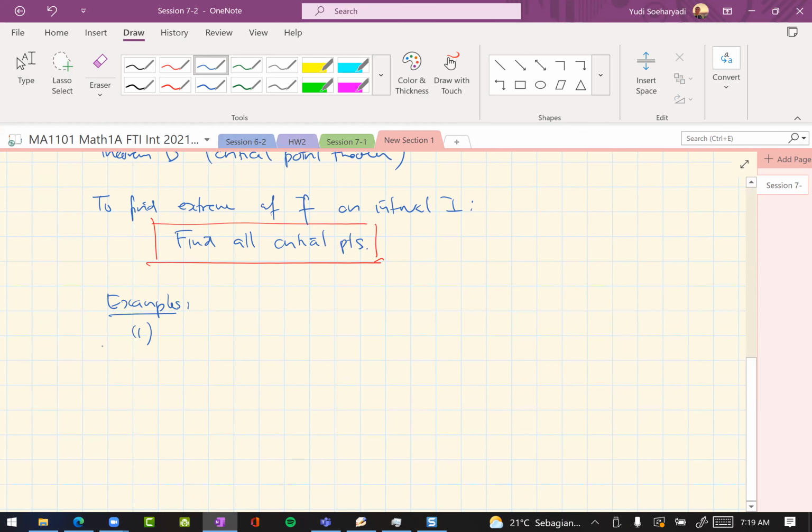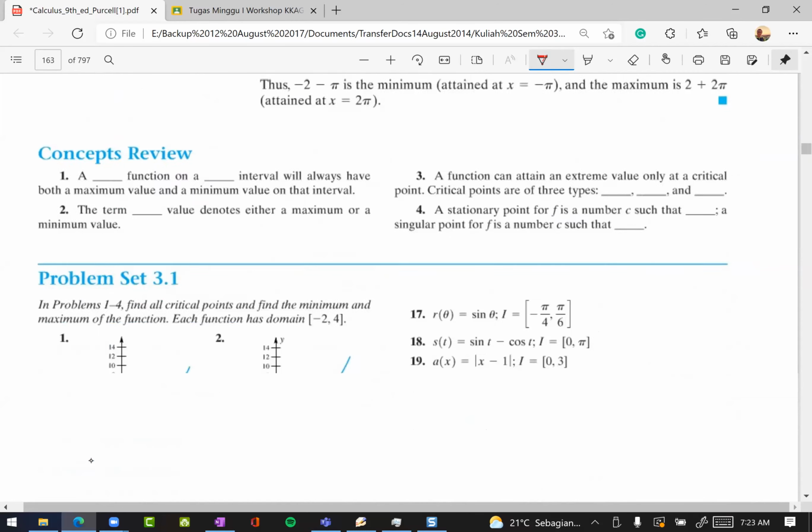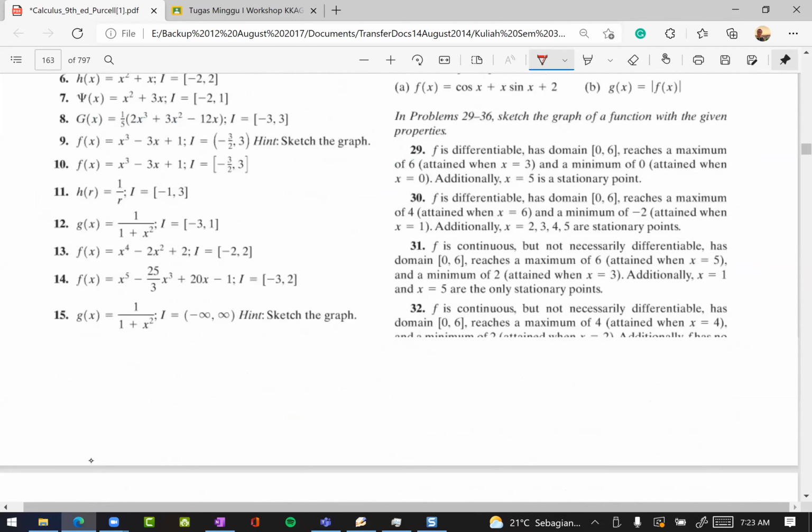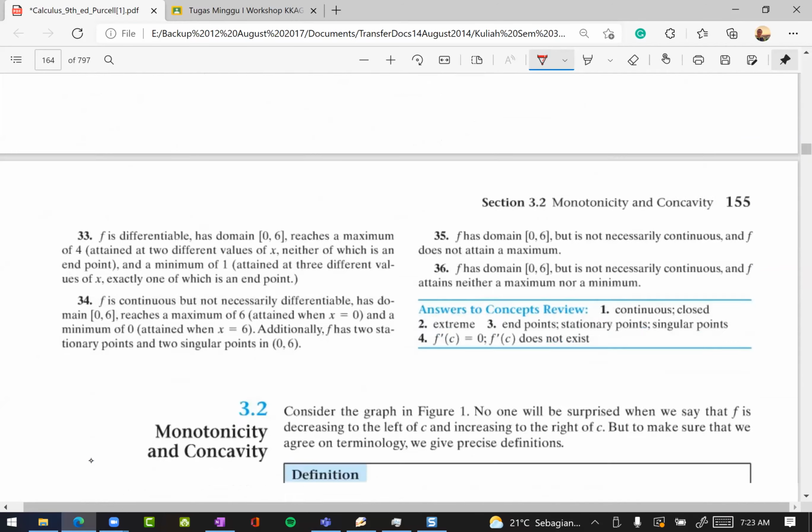And we will need this one. We call it monotonicity. So f is increasing, just an intuitive idea. For example, here to the right of c, this is increasing.